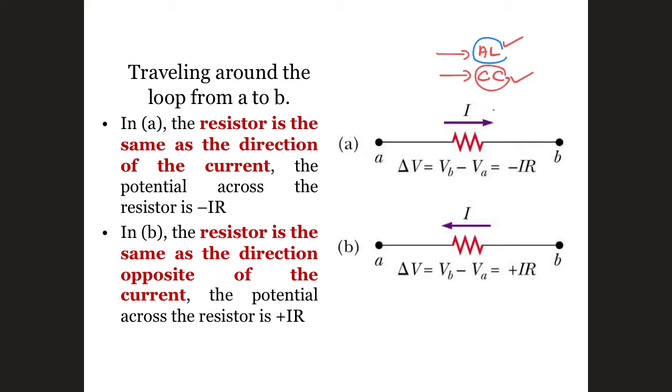If your assumption loop is moving in the same direction as your current inside the circuit, then the voltage there is going to be a negative value. It means that you need to multiply V, which equals IR.